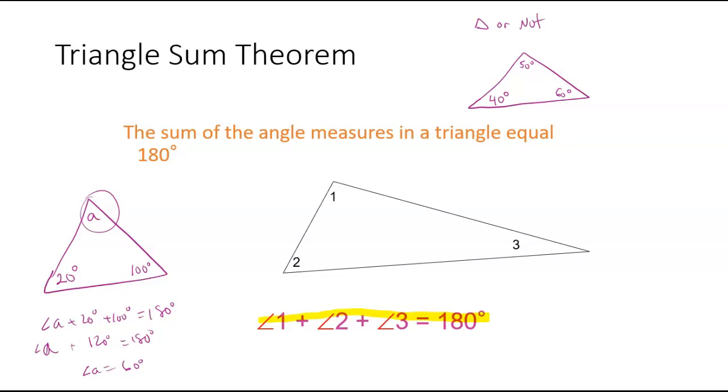We can test this out. 40 plus 50 plus 60, does it equal 180 degrees? Well, 40 plus 50 is 90, and 90 plus 60 is 150. So is the right side and the left side equal to each other? No. So this is not a triangle.